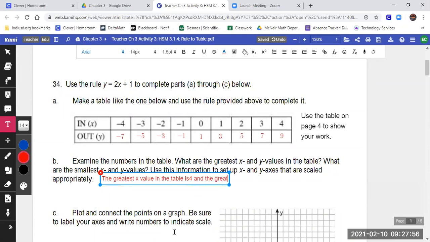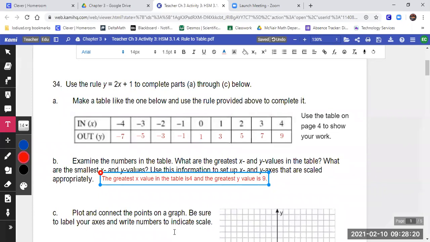And the greatest Y value is, what's our biggest Y? 9.